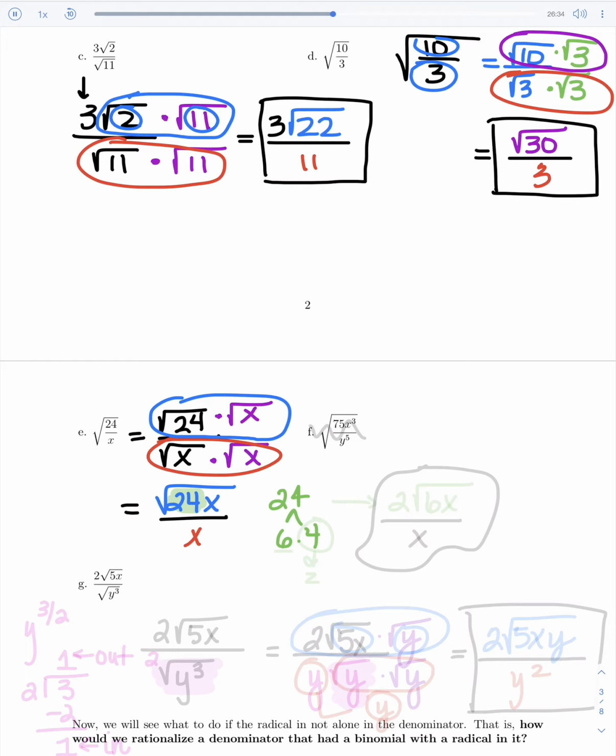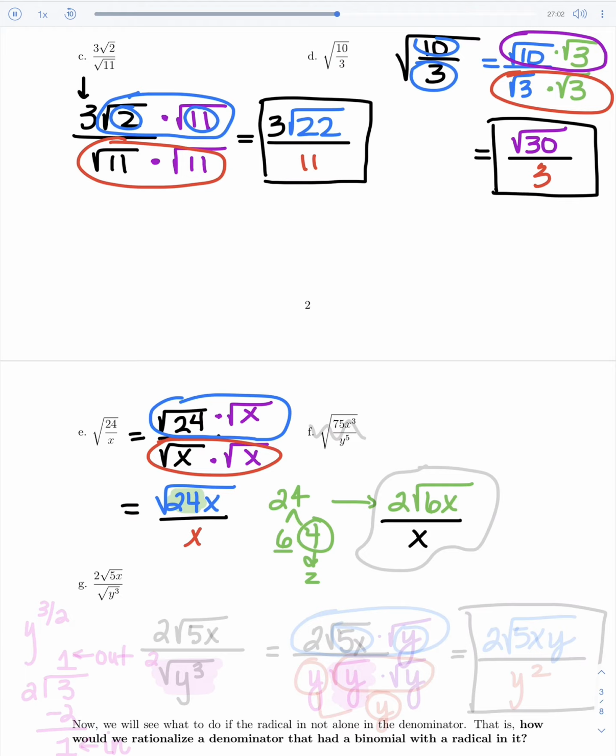And why is this important? Because you can take the square root of 4. It comes out as a 2. However, you would still be stuck with the 6 inside of the root. So this will give me 2 on the outside of my root, and the 6 will stay on the inside with the x, and I still have the x on the bottom.